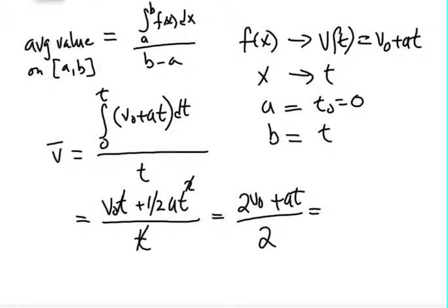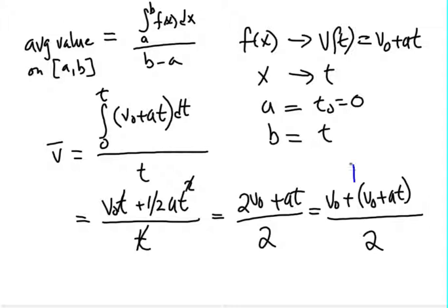But we can simply write this very straightforwardly as v0 plus v0 plus at, that's just separating that out, divided by 2. However, this right here, we already showed that is the final velocity. So now all we need to do is substitute that in, and we have v0 plus v final all divided by 2, and that's what we wanted to derive.